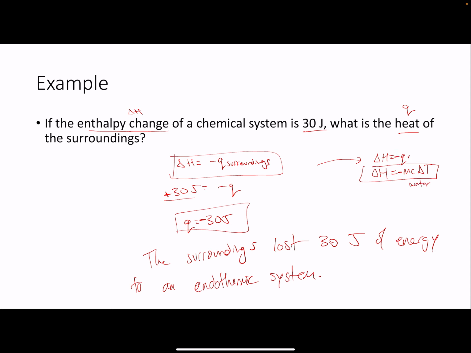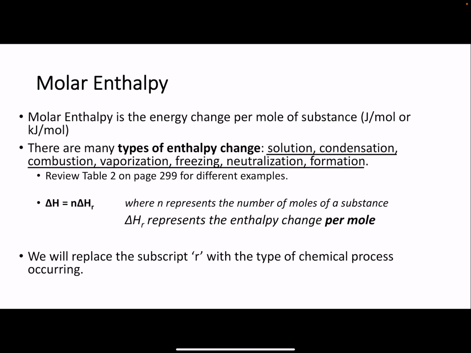So the water can help us determine the energy change or the enthalpy change of a reaction, and then relate that back to a couple of different variables, going back to how we can determine the amount of energy in our samples.